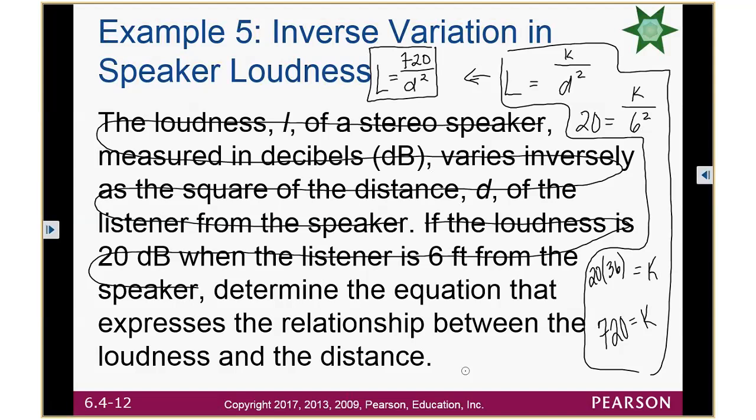Then if that was the case, you'd have L equals 720 over 50 raised to the second power. They don't give us that, but I'm just saying, if there was more information, it would be after this comma right here. It would say, determine the decibels or loudness if a person wants to be 50 feet away, and that's the test questions I'm going to give you.